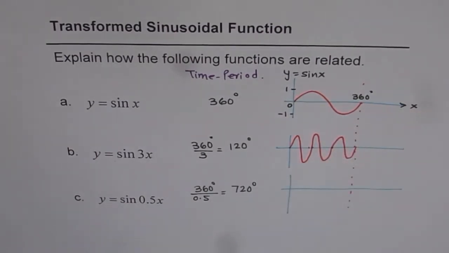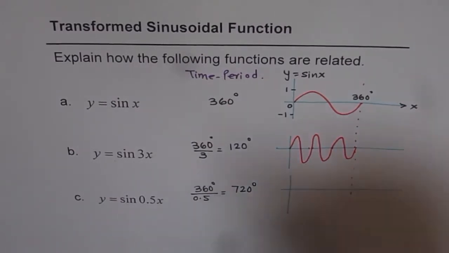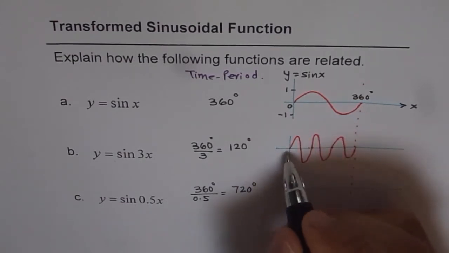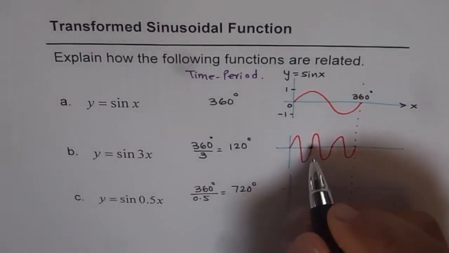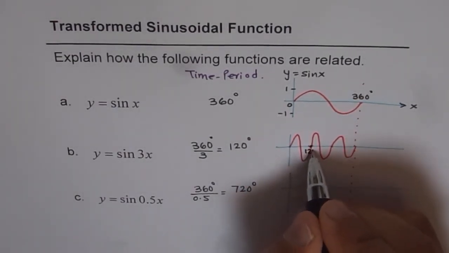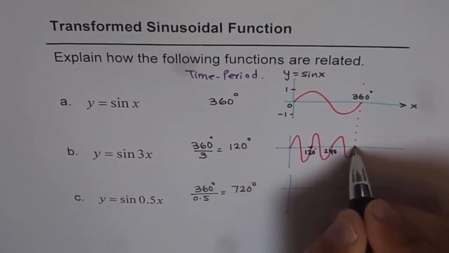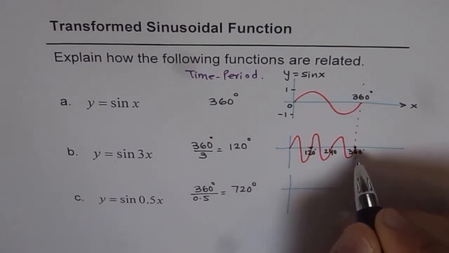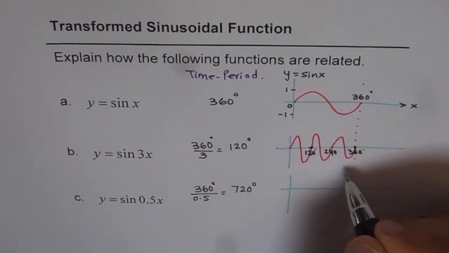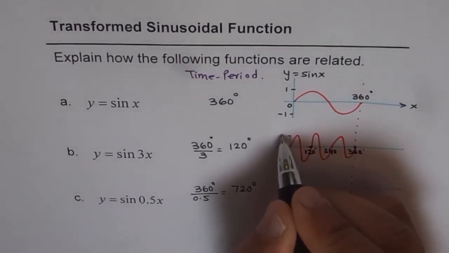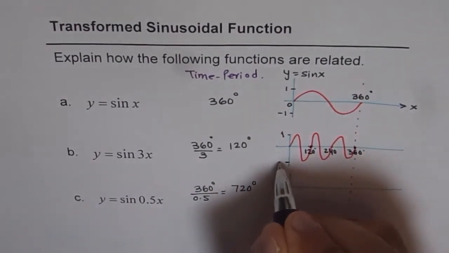Well, it's not very accurate, but it gives you an idea. Now here, as you can see, the time period of each is 1/3. So from here to here, one wave, it will be 120 degrees, then 240, and then this will be 360 degrees. So there will be three cycles of the sine wave going from 0 to +1 to -1 and then back to 0.